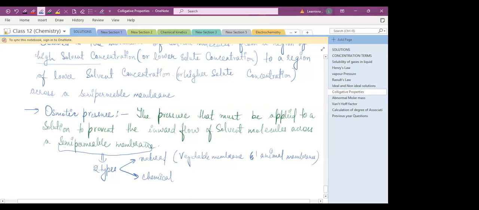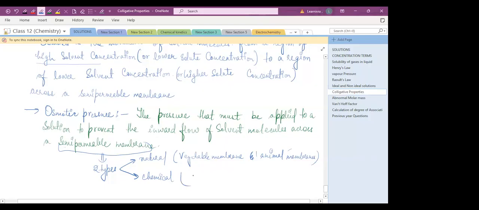So in the natural type of membrane, it can be animal origin and plant origin. Sometimes the animal membranes are made from the pig's bladder or parchment paper. Okay, and the second one is chemical based.